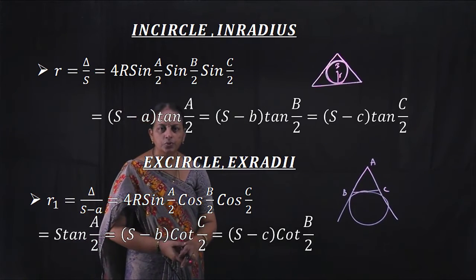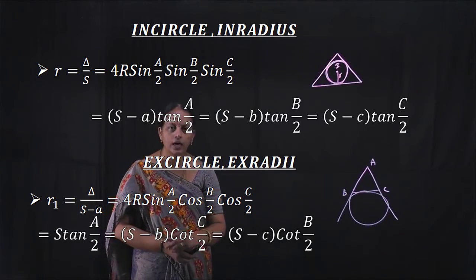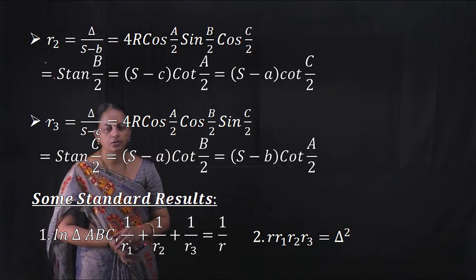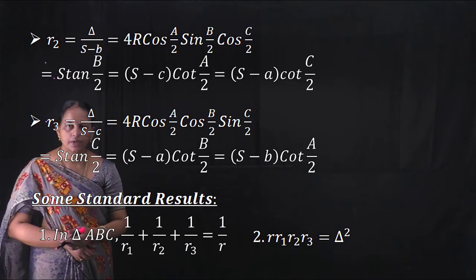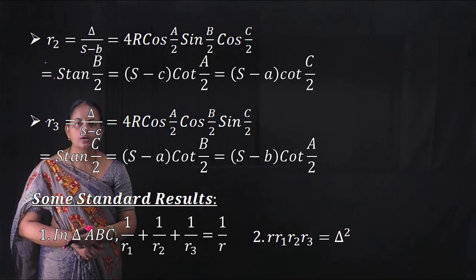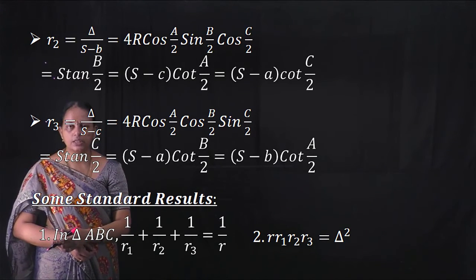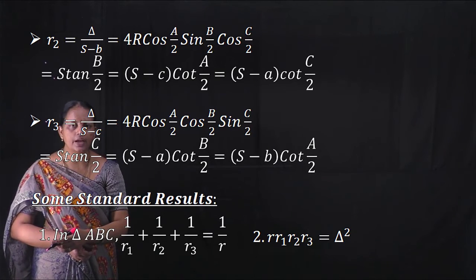Next we are going to define the exradii R2 and R3. I recall the formula for R2 and R3. R2 is equal to delta by S minus B, which is equal to 4R cos A by 2 sin B by 2 cos C by 2, which is also equal to S tan B by 2, which is equal to S minus C cot A by 2 and also equal to S minus A cot C by 2.